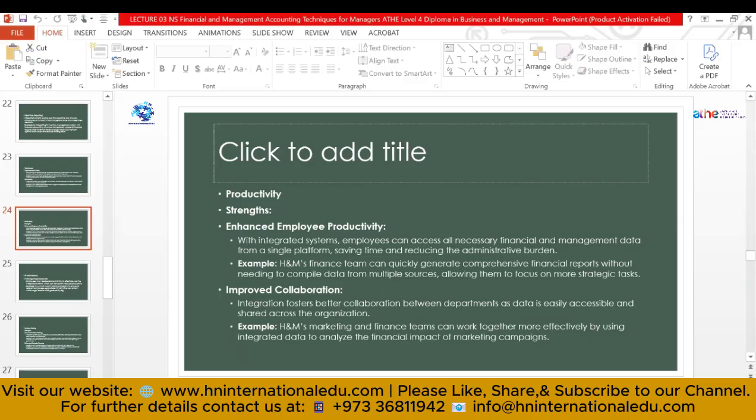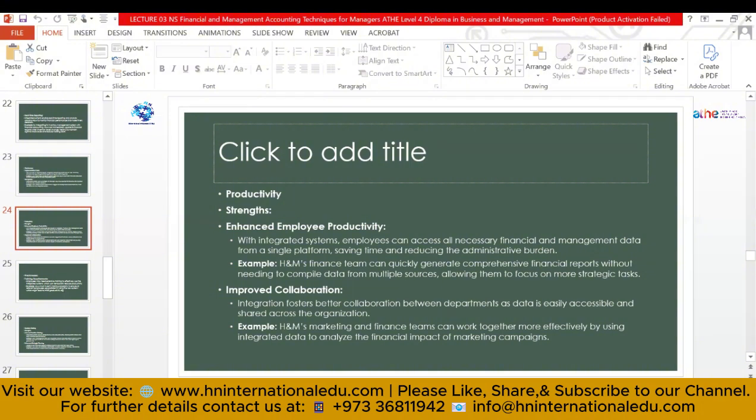For example, H&M's finance team can quickly generate comprehensive financial reports without needing to compile data from multiple sources, allowing them to focus on more strategic tasks, because this is the responsibility of the finance department to make these statements. And whenever you require it, you just order them and they're going to send it to you or present it in front of you, and you can see what the status is.